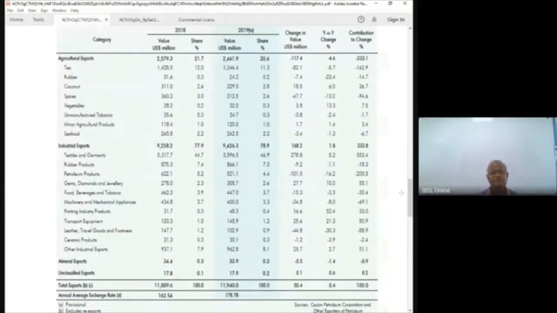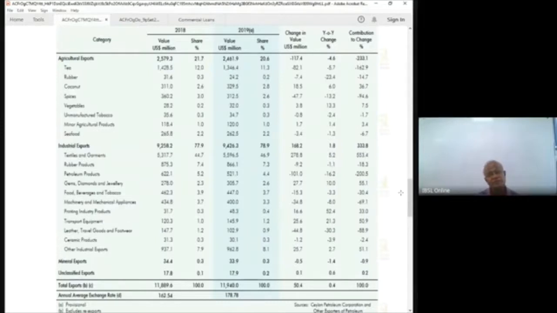We divide all exports into 4 key categories: agricultural exports, industrial exports, mineral exports, unclassified exports. Small items, unclassified.